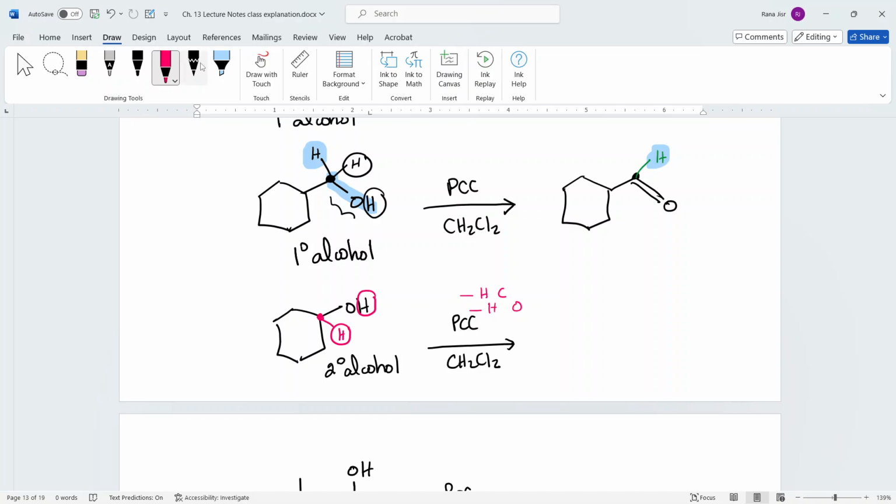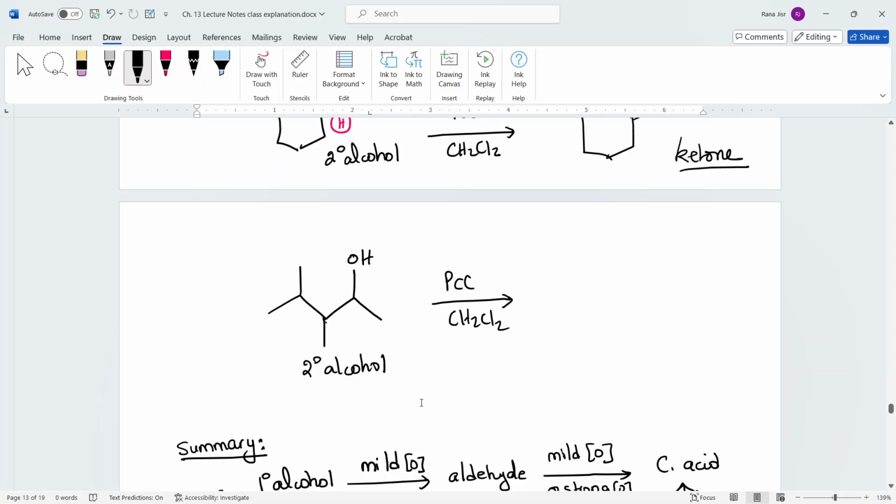And I am going to form a carbonyl here. Notice I am not adding any carbons. I am using the carbon of the cycle, so this means that the double bond is going to be here, and then I'm going to end up getting my oxygen, and that is going to be the ketone. So oxidation of secondary alcohols, whether I am using strong or mild oxidizing agent, will give me always a ketone.